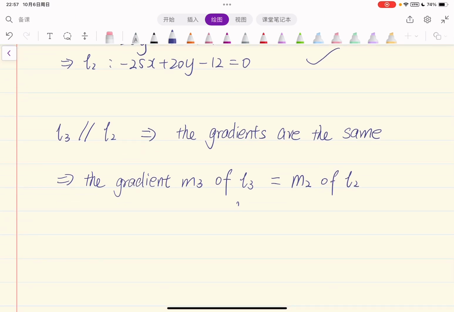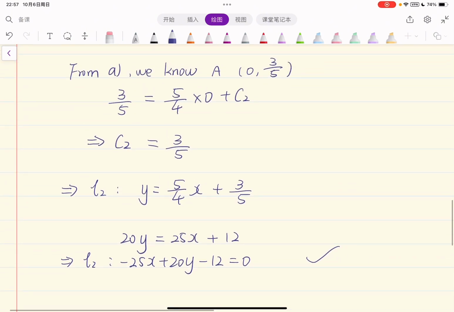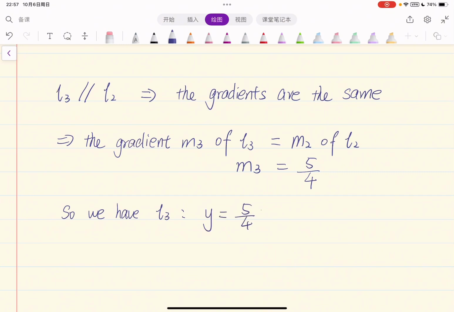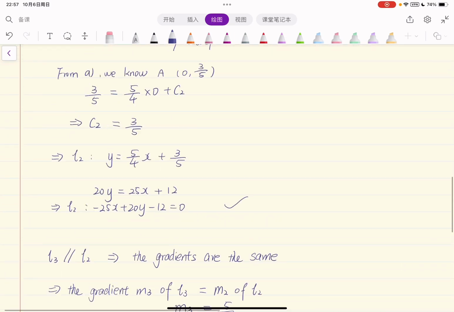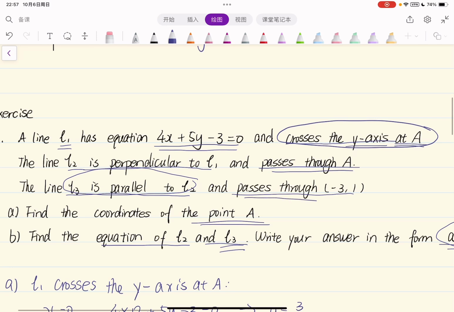So m3 equals 5 over 4. We have L3 in the form y equals 5 over 4 x plus C3. The question also says that L3 passes through (-3, 1).